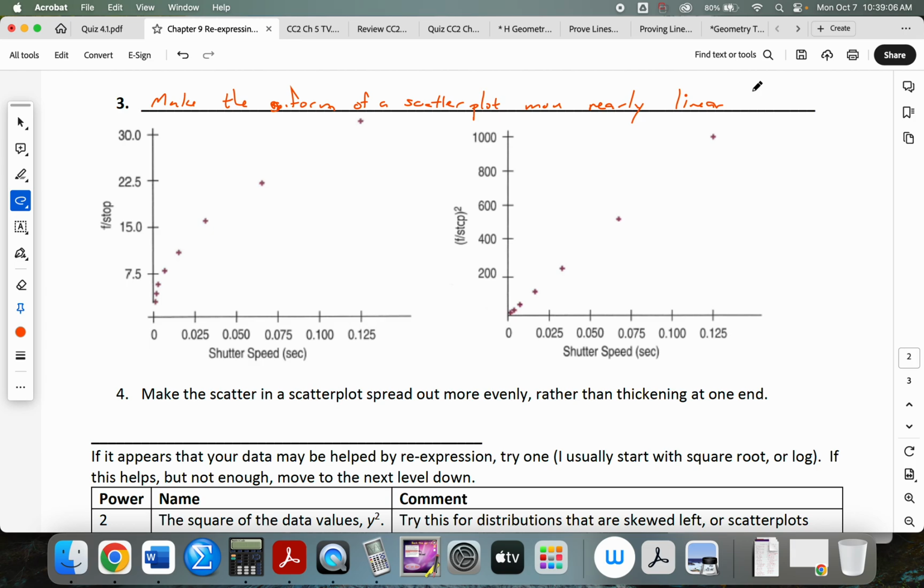When it's not linear, we can't do any of those things. So notice here what they did is they squared the output. Because this looks kind of like a square root graph, right? So by squaring the output, it'll kind of straighten that out.